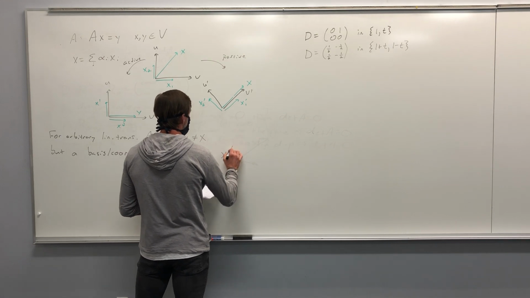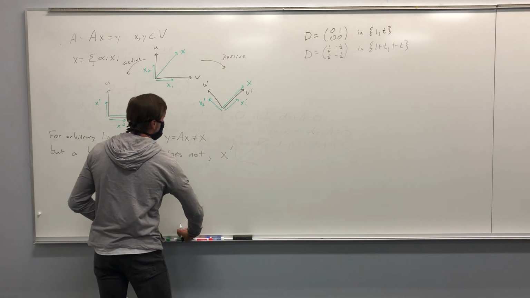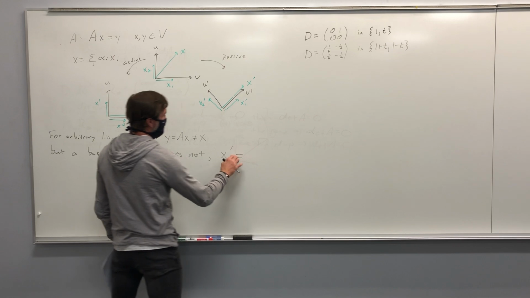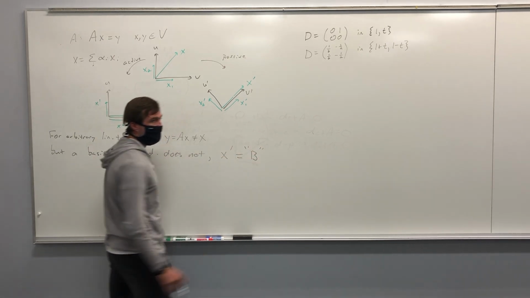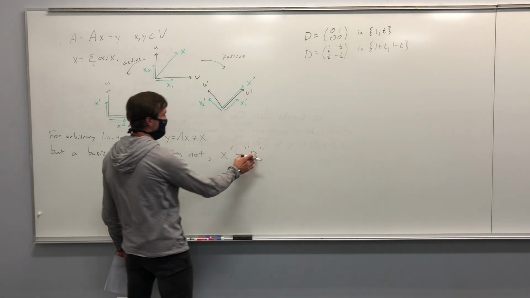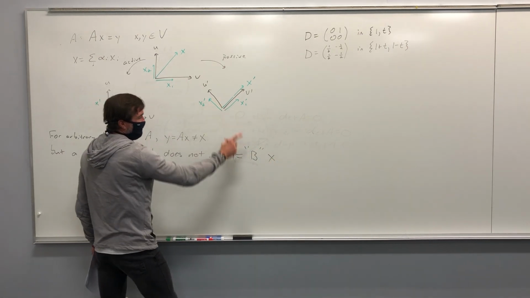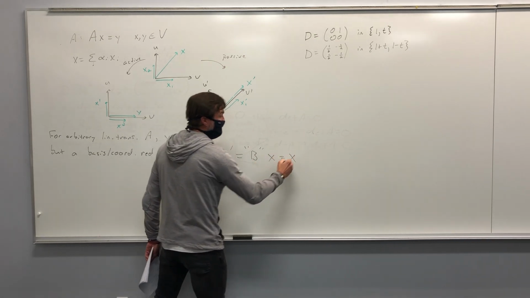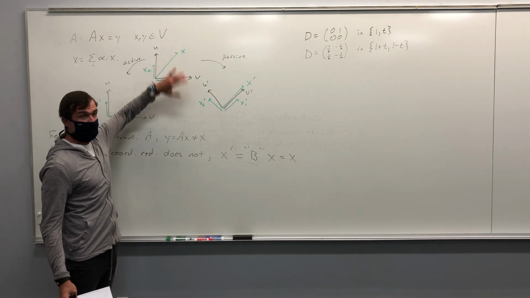So what I mean is, if I'm in a totally prime system and I just want to be really determined and call this prime, then I can write x prime as some linear transformation B, and I'm going to tell you exactly what that B looks like in a minute, so that's why it's in quotation marks. But if I take the x here, and I do the coordinate transformation on x, then I get x prime, but this has got to be the same as x. Because we're not actually changing the vectors themselves, we're just changing the basis.